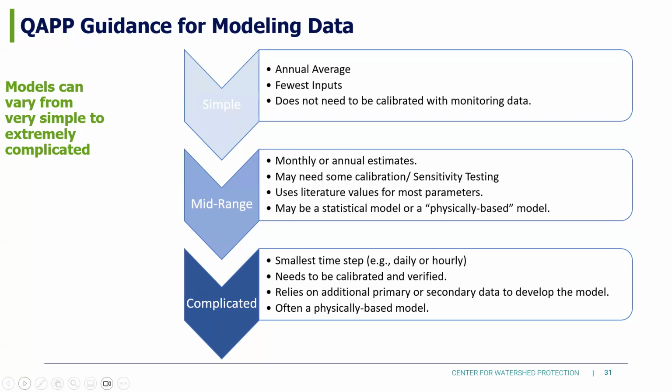So, some general characterizations of models. Really simple models will tell you something like an annual average of something or just one number. They might need one or two inputs, or just a handful of things that you have readily available.